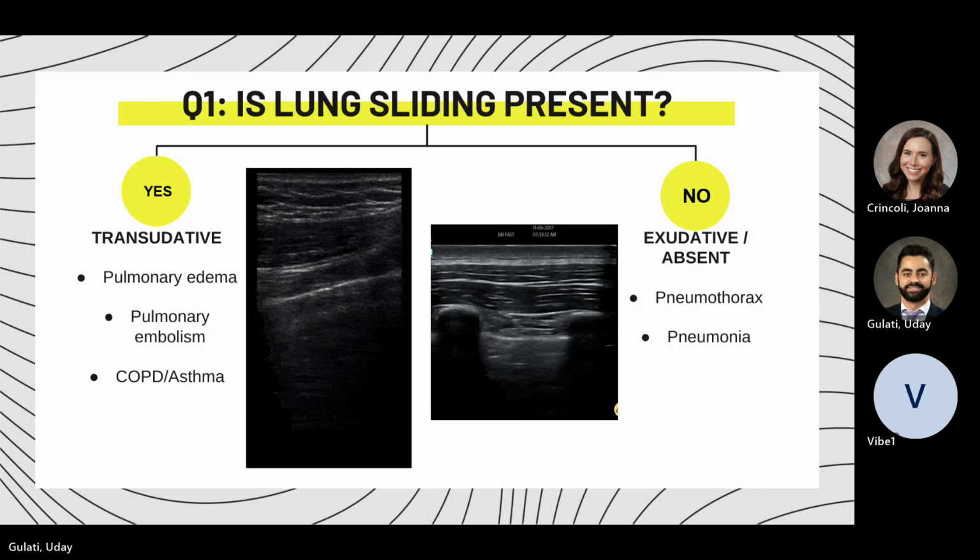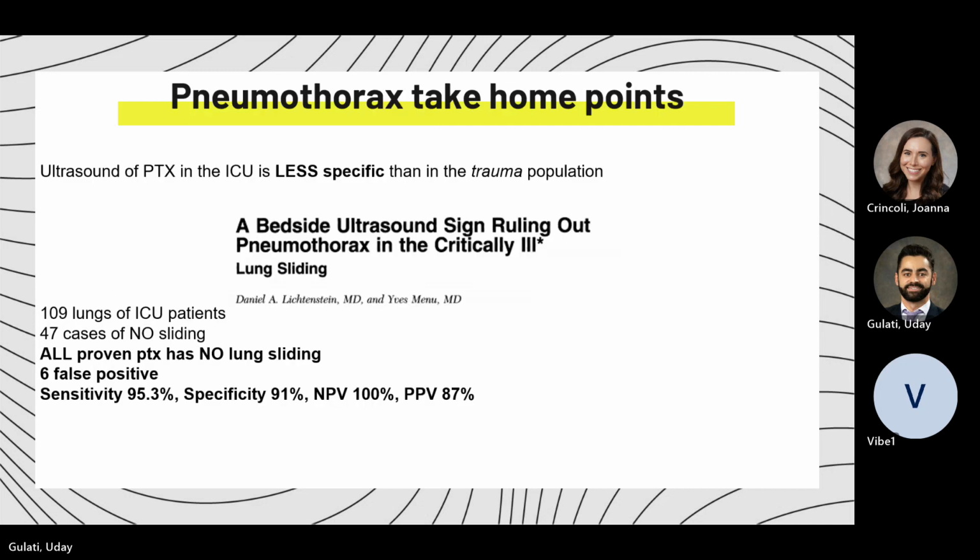You can actually help characterize pneumonias as whether it's a more benign or a more severe pneumonia. In patients that have lung sliding, the diagnosis may be pulmonary edema, PE, COPD, or asthma. But in patients that don't, it could be a pneumothorax, or it could also be a really bad pneumonia that's causing it.